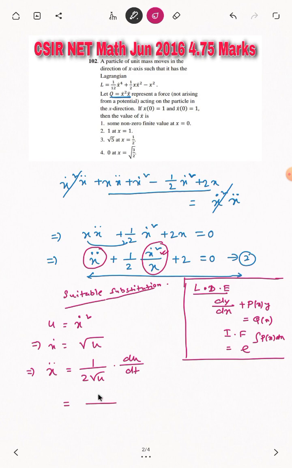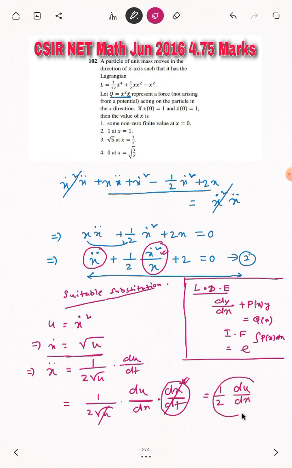Let us write this as 1 by 2 root u into du by dx into dx by dt by the chain rule of derivative. Now look at the fact, dx by dt is x dot, which is already root u, so this root u and this quantity will be cancelled. So we will finally have this as half into du by dx. Clear? So this quantity is done.